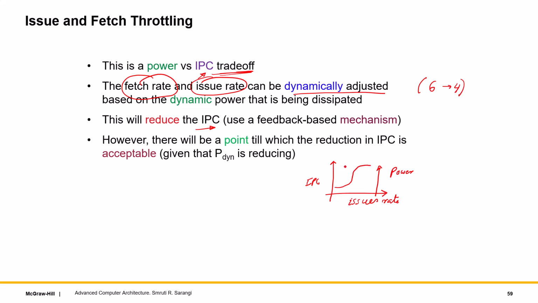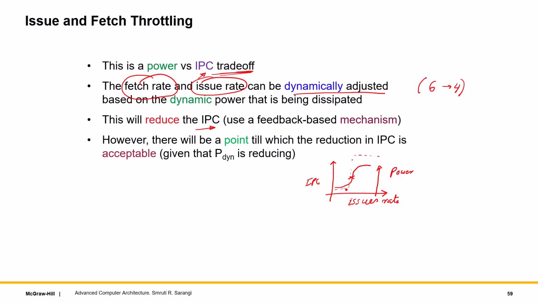Similarly, for power, initially the power is quite low, but as I increase the issue rate, it goes like this. So then you can say that, maybe a good point to operate is somewhere here. This of course depends on other factors like temperature and battery budgets and so on, but an argument can be made.